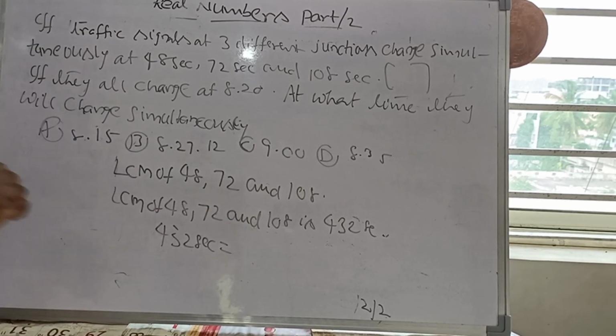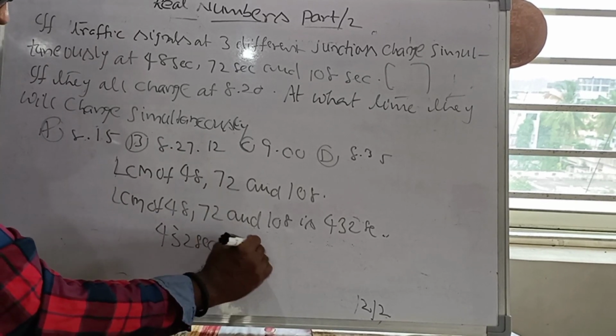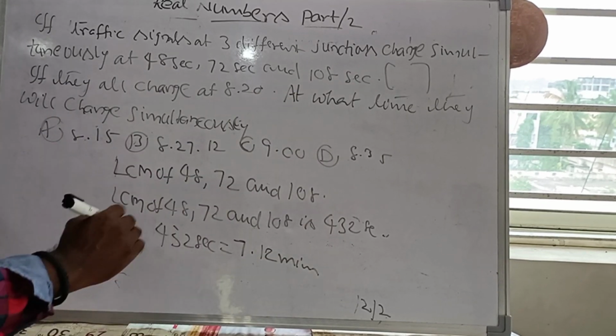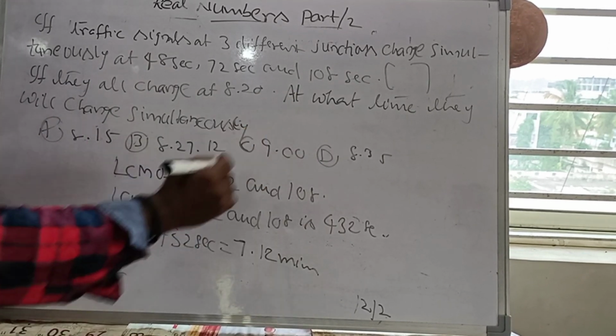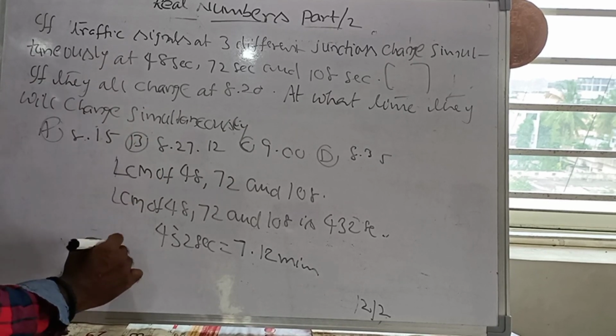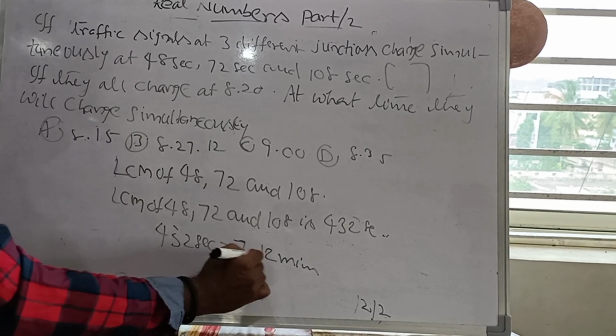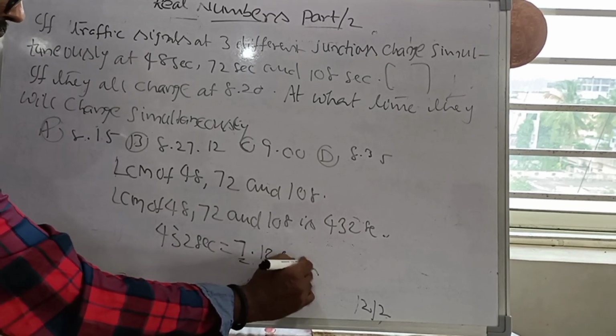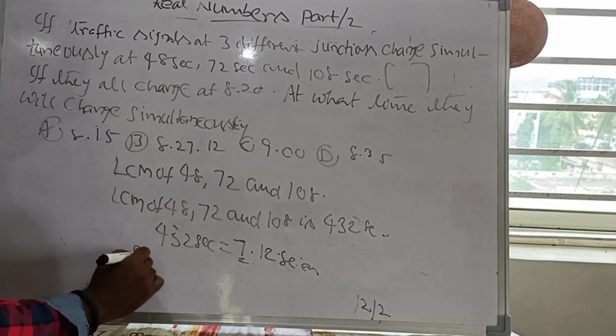432 seconds, when we change it into minutes, is 7 minutes 12 seconds. So 8:20 plus 7 minutes 12 seconds is equal to 8 hours 27 minutes 12 seconds.